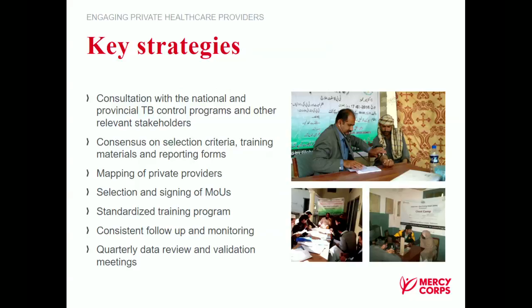A lot of those details have to be worked out at the onset of the programs. And it took us almost a year to have all these details agreed between all stakeholders and then implemented. Then we map private providers in the project districts.